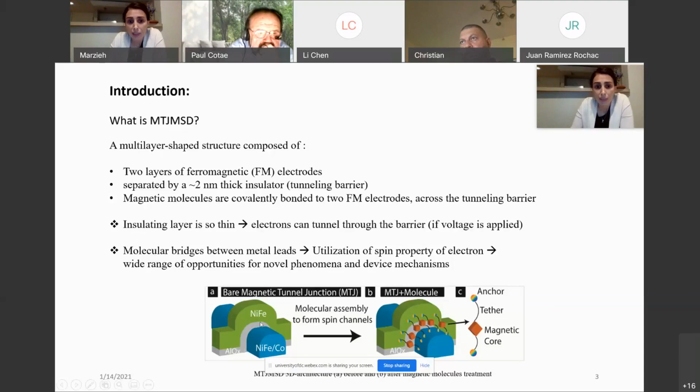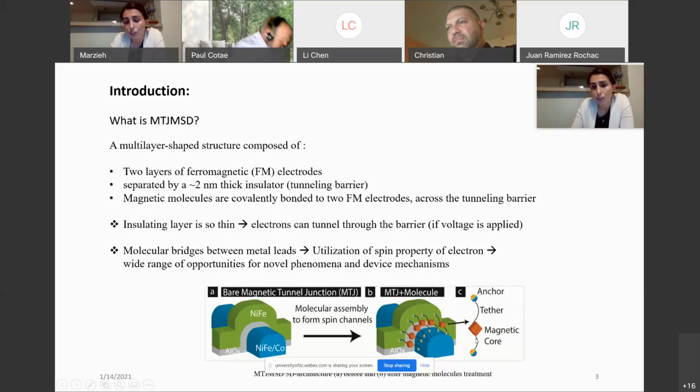This insulator is called the tunneling barrier, and if a voltage is applied, the electrons can travel from one electrode to another electrode. But if we want to take advantage of the spin of electrons and create spin channels, then we can connect these two electrodes through molecular bridges. The molecular bridges are themselves composed of different sections: a magnetic core, tether links, and anchoring groups.